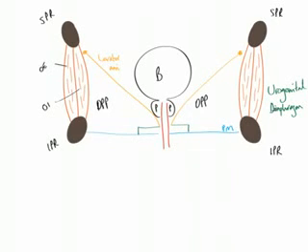The urogenital diaphragm, just like the pelvic diaphragm of levator ani and coccygeus, is a muscular diaphragm, and it helps to form the external urethral sphincter. So here we have the external urethral sphincter that surrounds the urethra inferior to the prostate.